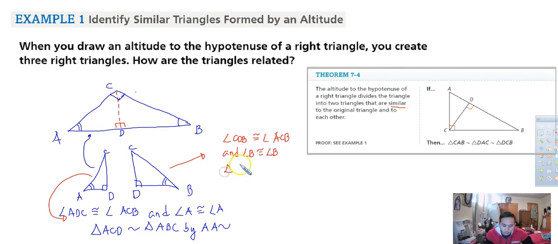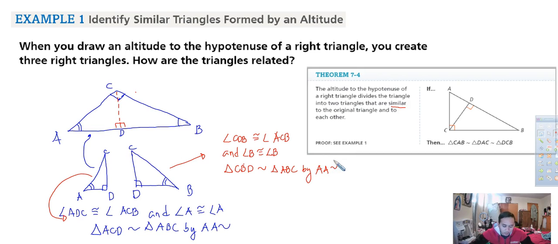Therefore, triangle CBD is similar to triangle ABC, again by AA similarity.